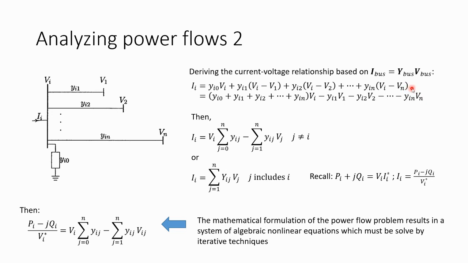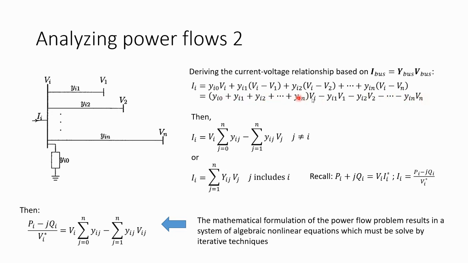And this equation can be rearranged according to the voltage terms, such as Vi, V1, V2 until Vn. And recall that this is the self-admittance portion. This is the off-diagonal element of the admittance.